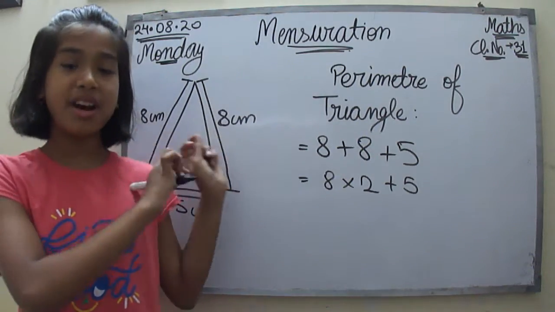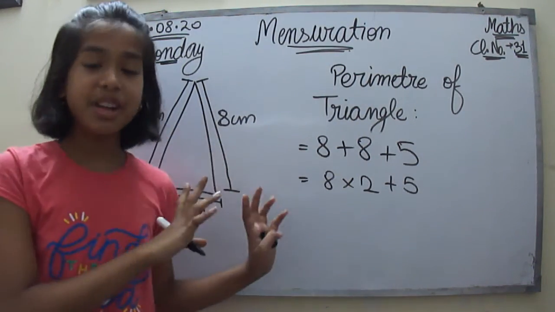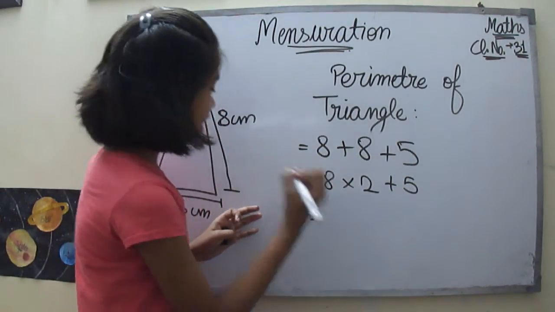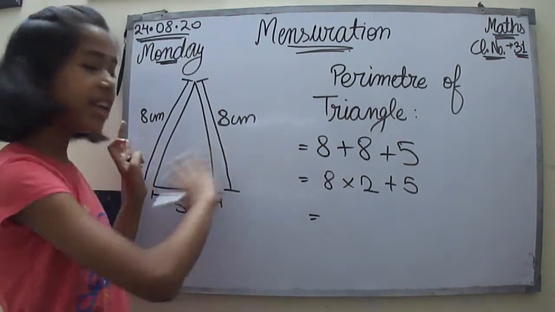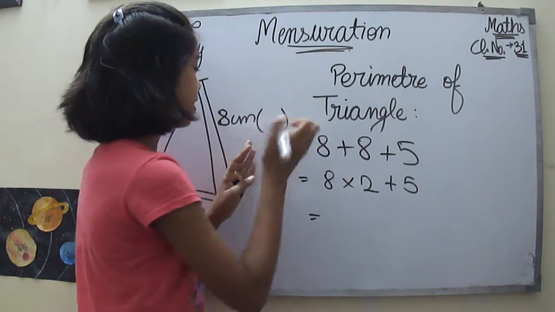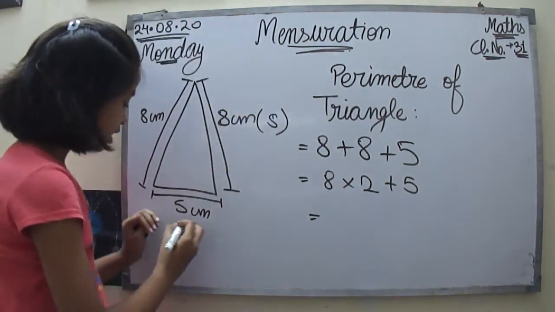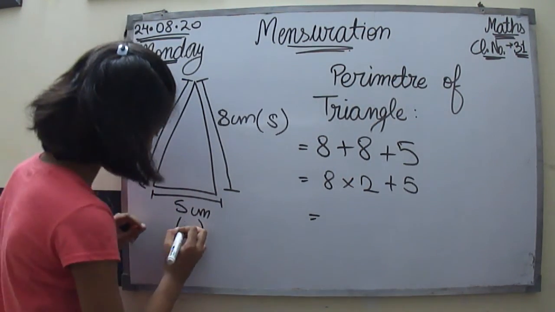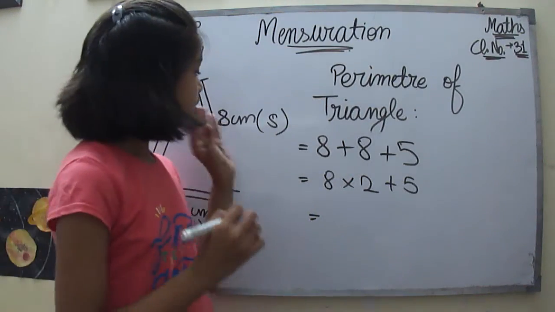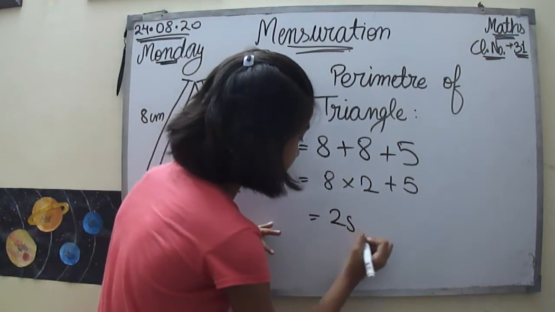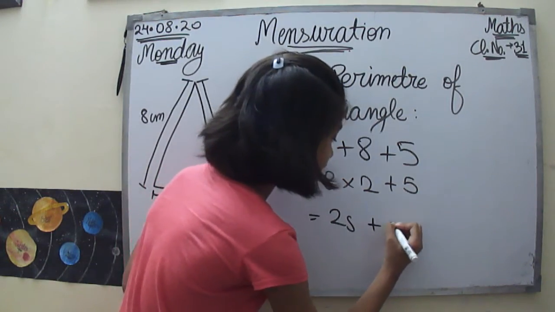What is the formula for the perimeter of an isosceles triangle? Let's suppose the equal sides are represented by the variable s, and the unequal side, there is only one, we represent as u. The formula will be 2s plus u.